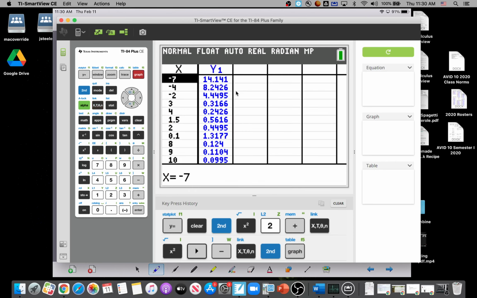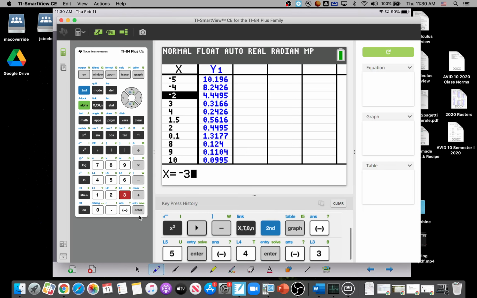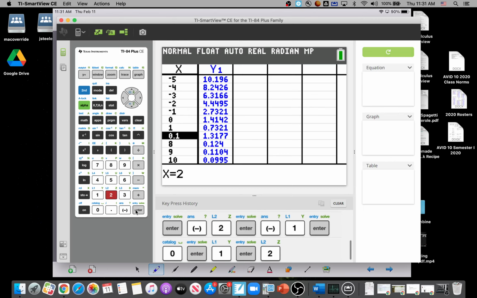And I can type in any x values that I want, and the calculator will plug them into that y1 equation for me. So I'm going to do my x values in my table: -5, -4, -3, -2, -1, 0, 1, 2, 3, whoops, let's try that again, not 23, 4, and 5.